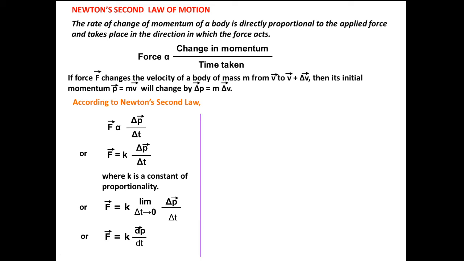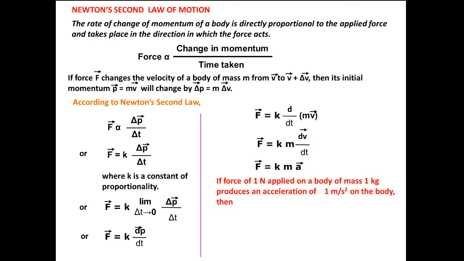If k is 1, then F equals d(mv) by dt. Here mv is the momentum. For a constant mass, the force will be k m dv by dt, and dv by dt is acceleration.